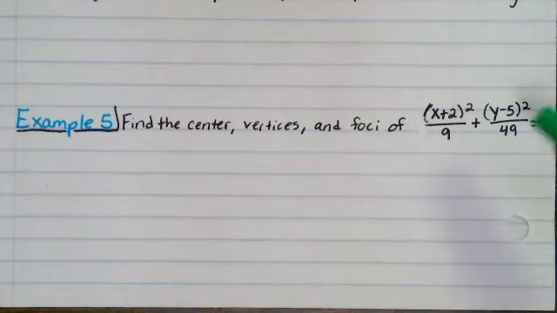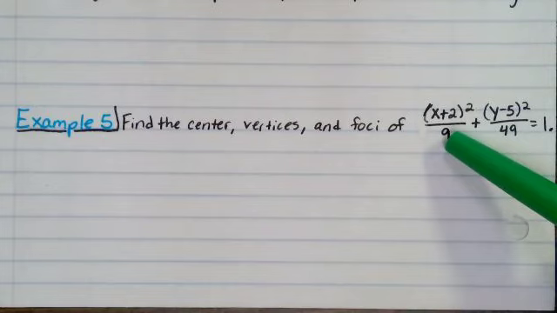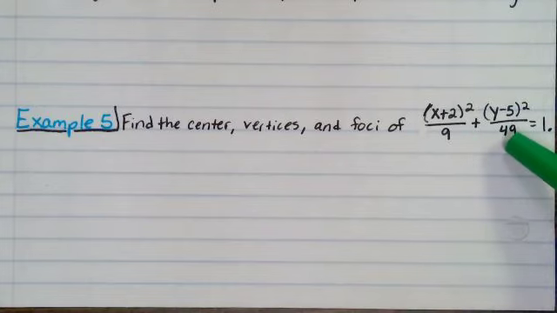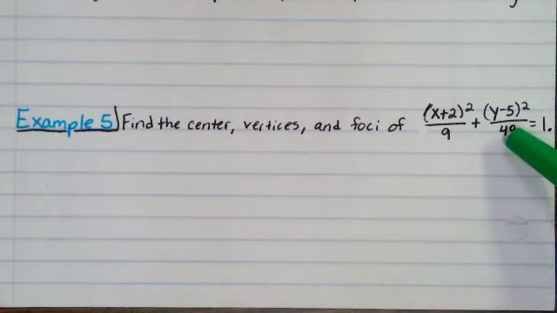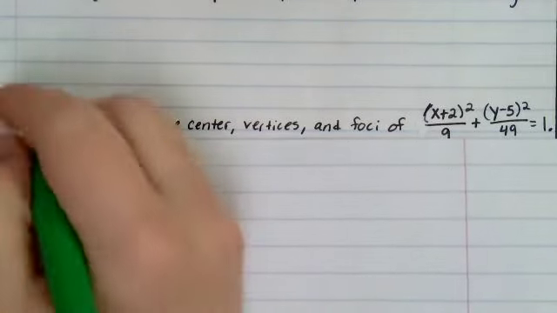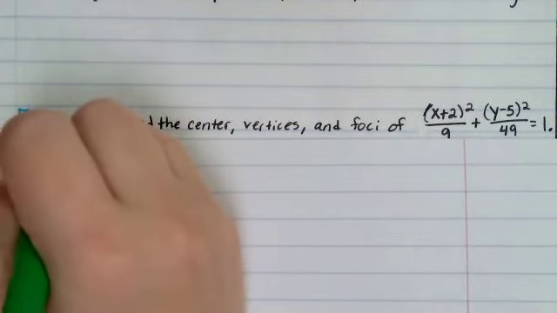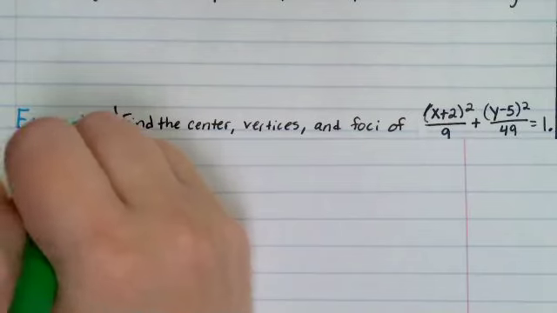So it's almost like they're trying to trick you, because they put X first. But do you see how 9 is a smaller denominator? So that means that that's going with B, whereas the 49 is A squared. So the first thing I'm going to do to help us out on this one is actually rewrite this so that we have the order that is going to line up with our stuff a little bit more.